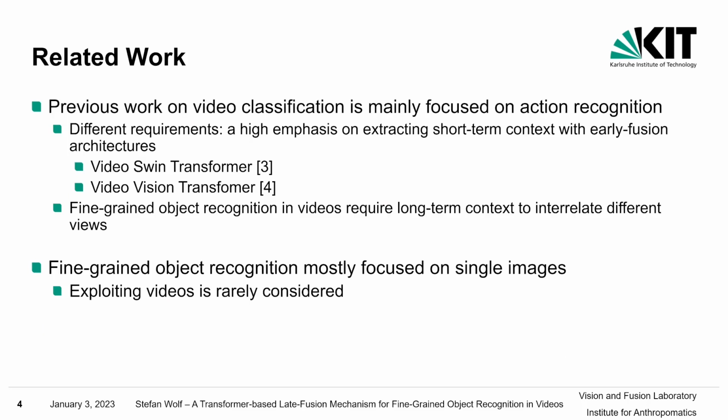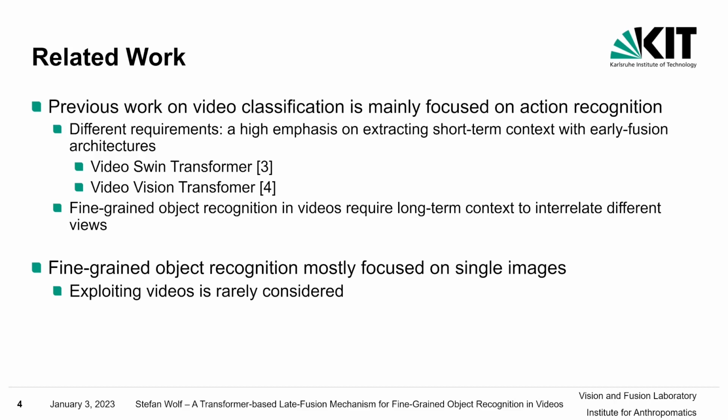So what has been done in this field yet? Previous work in terms of video classification is mainly focused on action recognition. This means they put a high emphasis on extracting short-term context, for example, to extract the motion of humans. They do this with early fusion architectures because they apply really dense sampling of images.